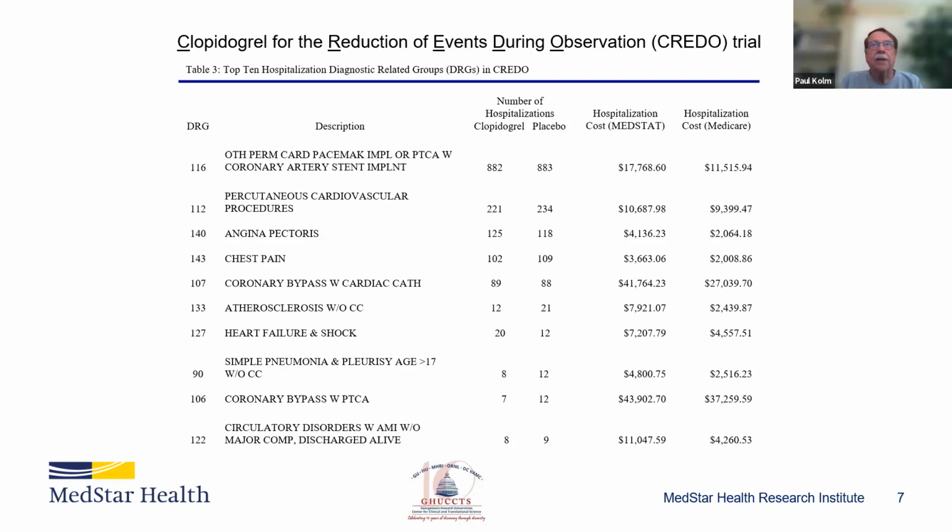And in this case, what we did is we looked at the number of hospitalizations and then what those would cost. We had two different costs, a MedStat cost, which is a database of cost, and then Medicare costs, where we would use the Medicare cost for patients 65 or older.